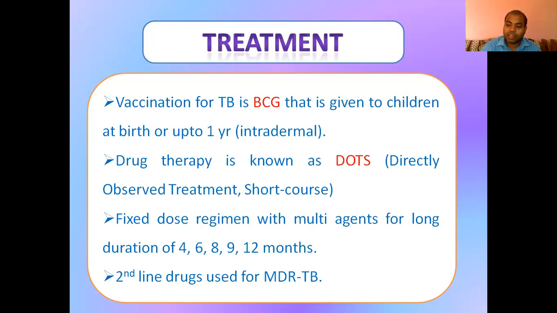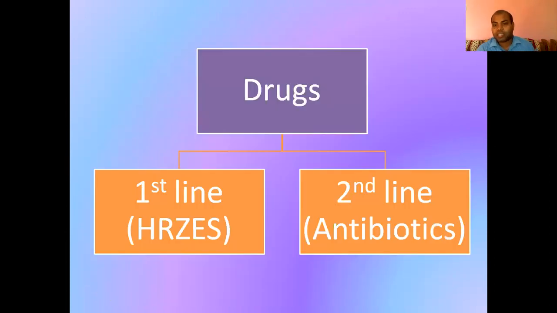Now we are going to see the drugs used in TB. Drugs are categorized in two classes, as already discussed: first line and second line. First line drugs are commonly known as HRZES. H stands for isoniazid, R stands for rifampicin or rifampin, Z stands for pyrazinamide, E stands for ethambutol, and S stands for streptomycin.